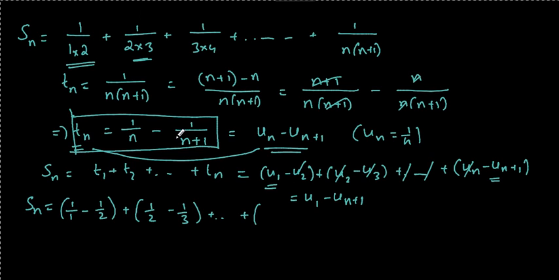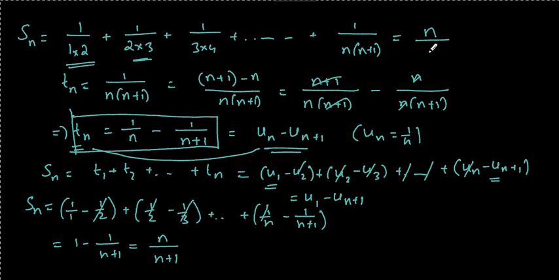Nth term I can write as 1 by n minus 1 by n plus 1. So all these terms will get cancelled off and we get 1 minus 1 by n plus 1, or n by n plus 1. So the simplified expression for this summation is n by n plus 1.